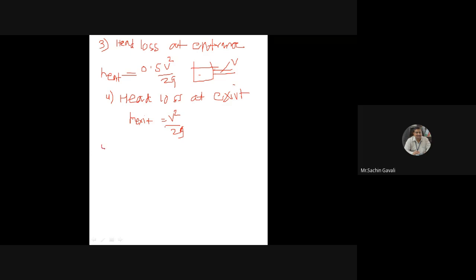The fifth loss in that case is what? Anybody, other than Nikita, these people, interested to give the answer? The head loss due to sudden obstruction.